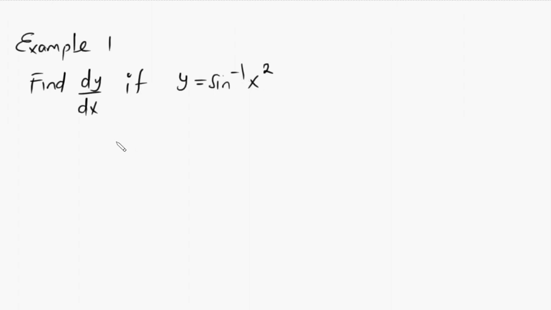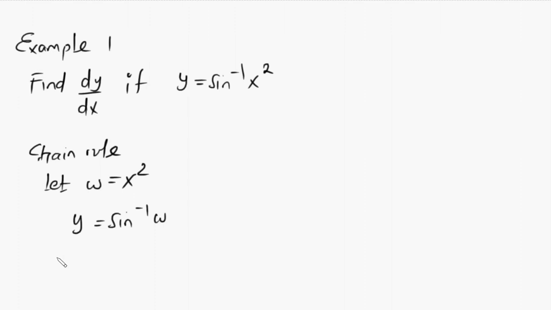So how do I do this? I will use the chain rule. So I'll let w equal x squared. So y is equal to sine inverse of w. Then dy/dx by chain rule will be equal to dy/dw times dw/dx.